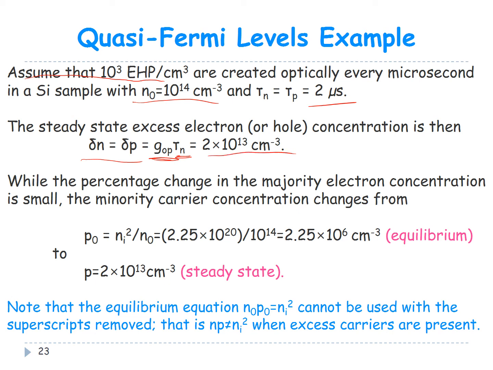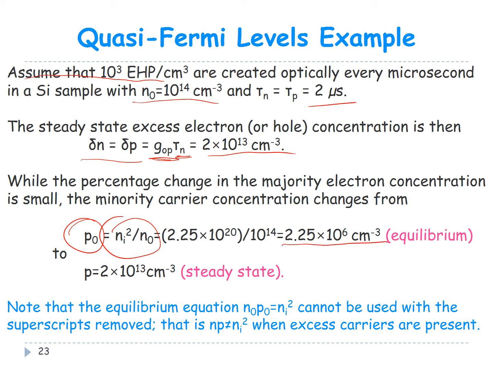While the percentage change in the majority electron concentration is small, the minority carrier concentration changes significantly. You can see that P naught was equal to Ni squared divided by N naught, which is equal to 2.25 times 10 to the power 6.